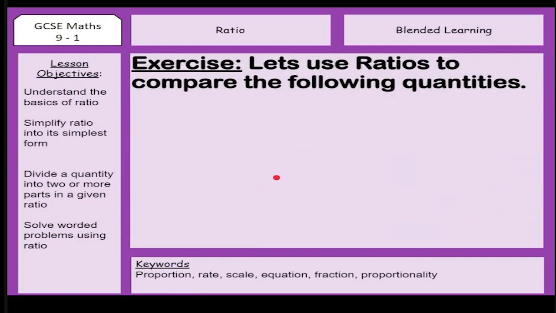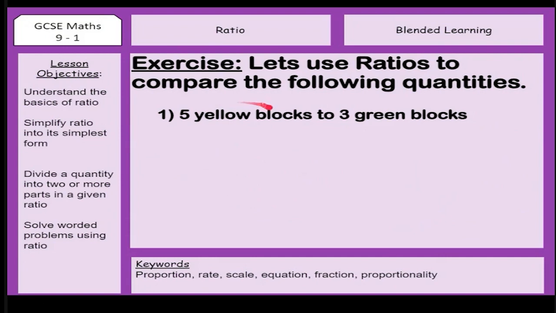So let's use ratios to compare the following quantities. 5 yellow blocks to 3 green blocks. So how would we write that? Well, we know that yellow comes first, green comes second. So it would be 5 to 3.